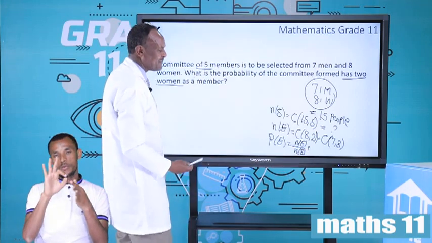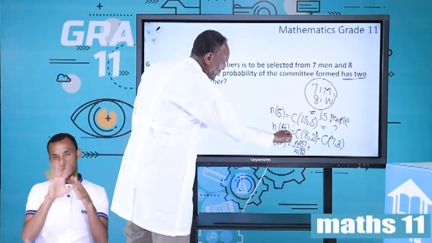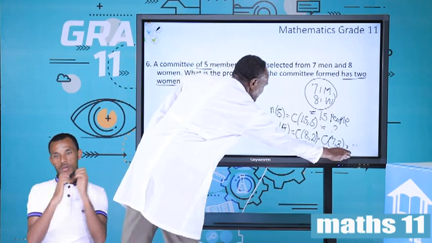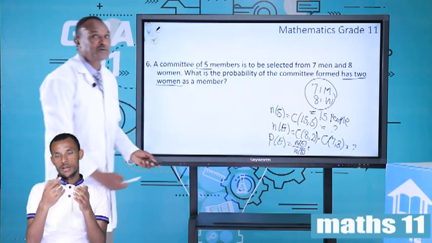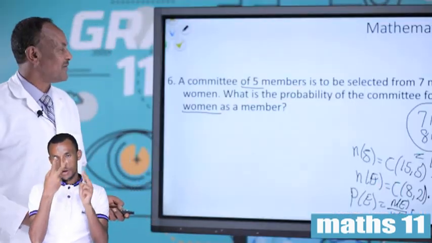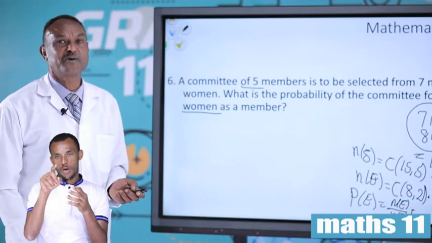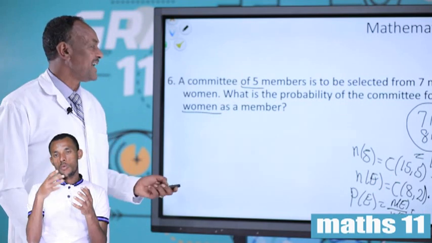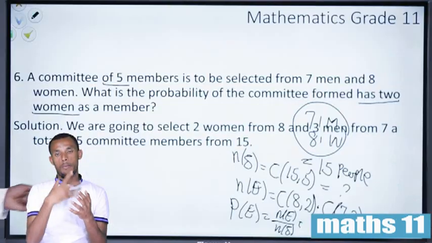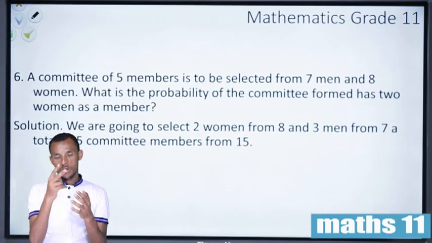Since you have learned about combinations, you have to evaluate this one and this one, and take the ratio of the two to get the probability of the event that a committee of 5 contains 2 women as members. You can see how it was calculated.